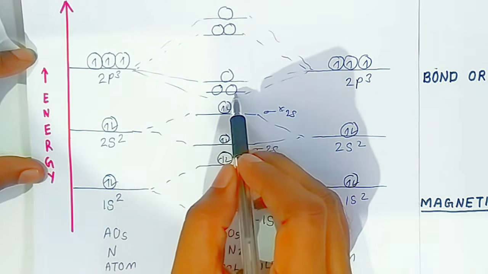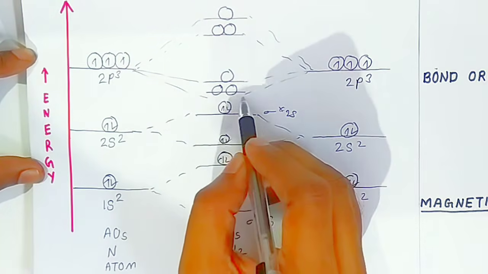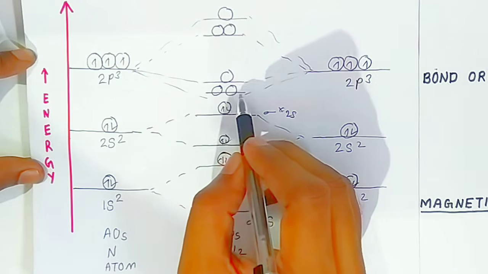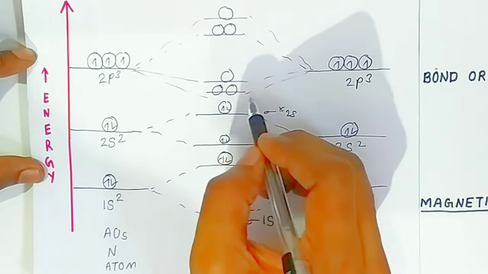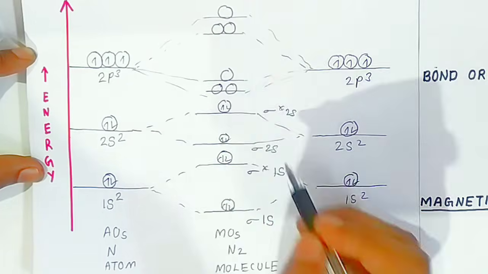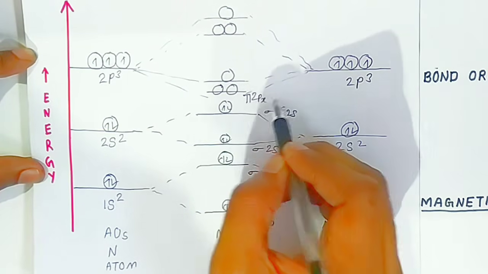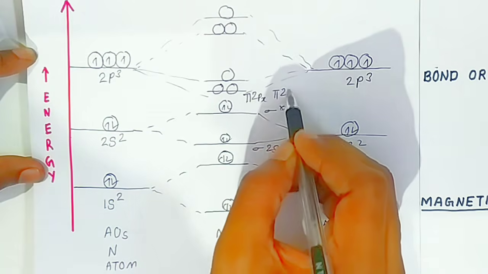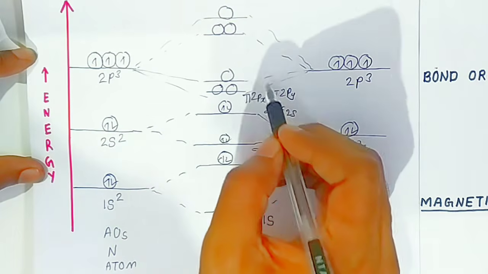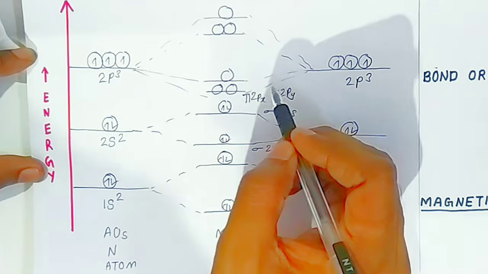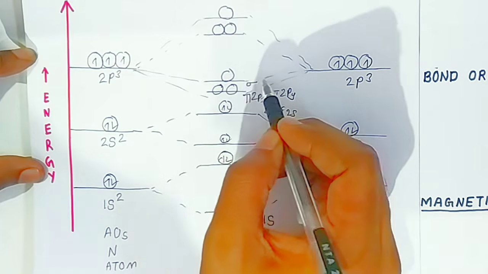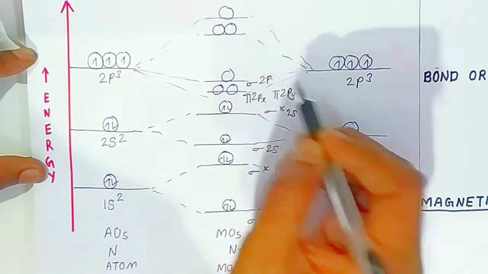Here students, these two are pi, because these two are 2px and 2py. So the bonds which are forming we call pi 2px and pi 2py, and here when the pz orbitals overlap, they will form the sigma 2pz.